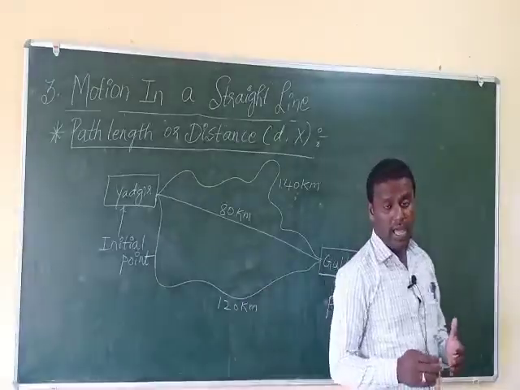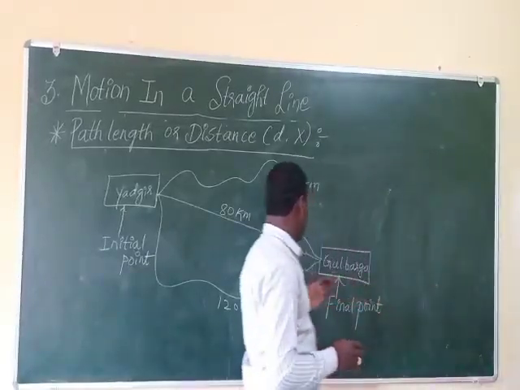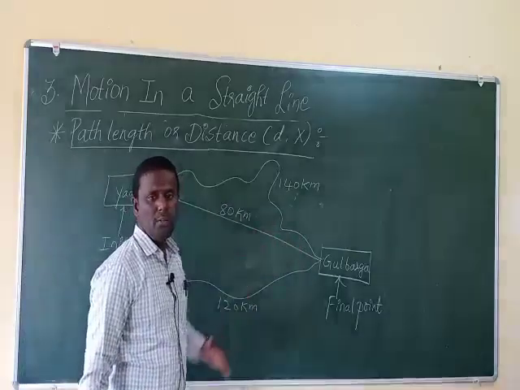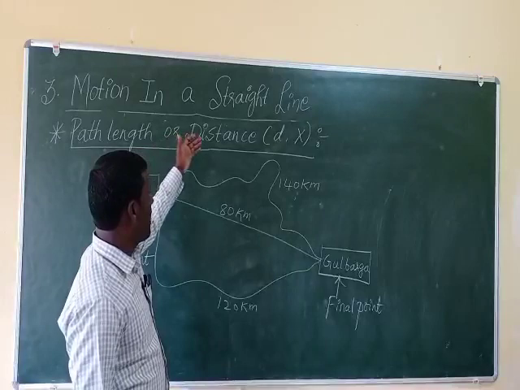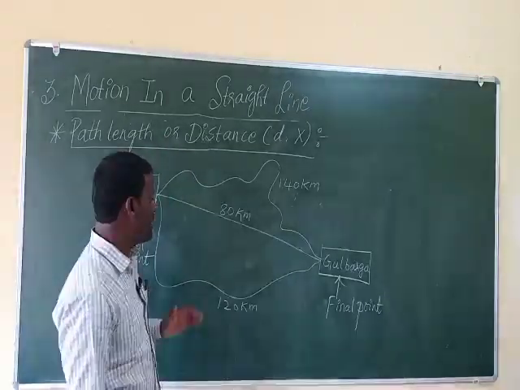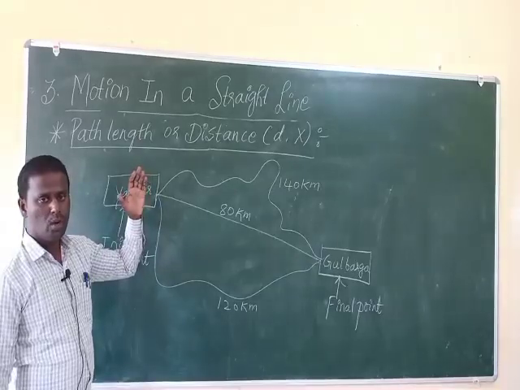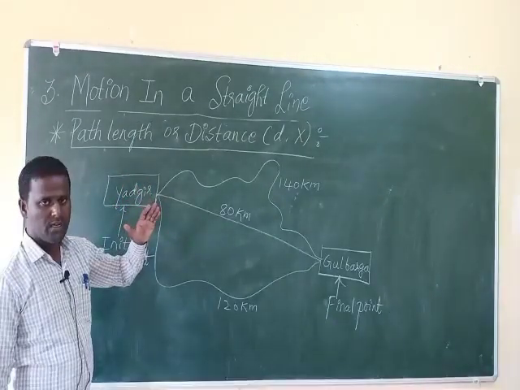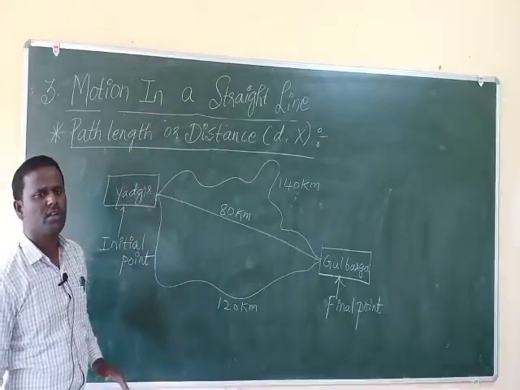So the actual path between the initial point and final point is called path length or distance. Here path length or distance is the total path covered between 2 points in any direction.